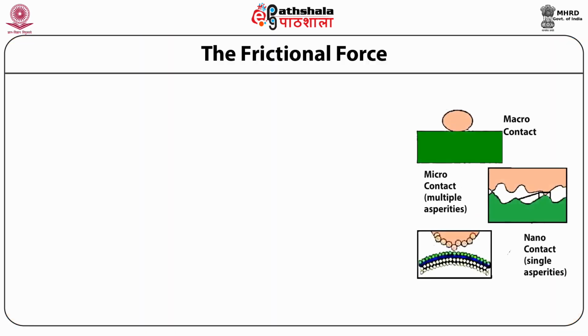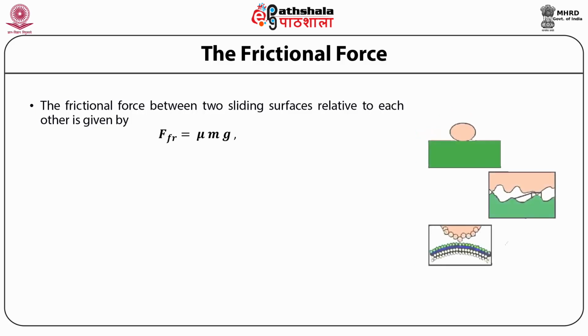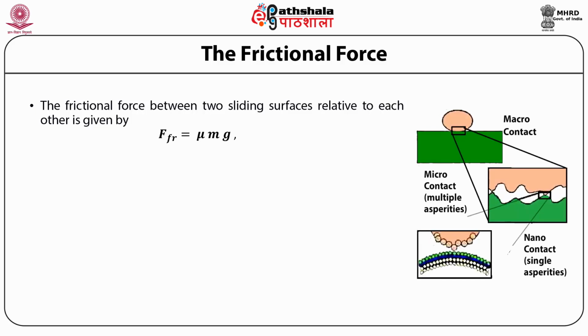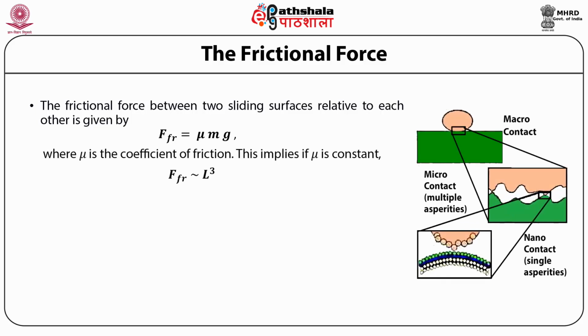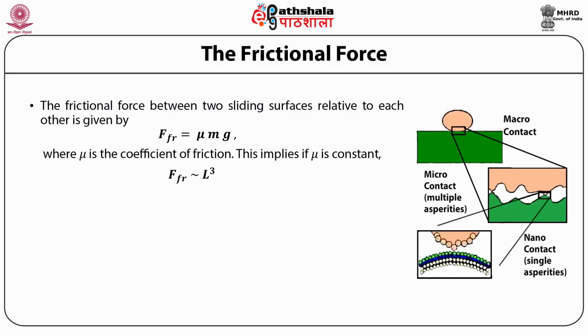The frictional force. The frictional force between two sliding surfaces relative to each other is given by F friction equal to mu mg, where mu is the coefficient of friction. This implies if mu is constant, then F friction is approximately L to the power of 3.